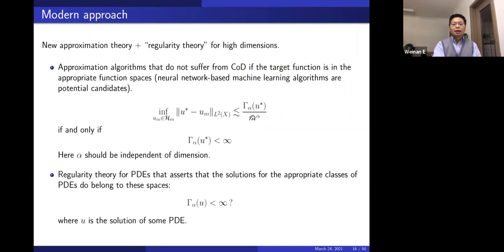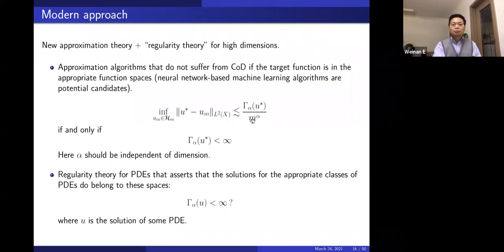So m, again, is the number of free parameters, the degrees of freedom. So we want approximation theorems that say that this holds if and only if some norm, some measure of the target function, is finite. This would be the replacement of the Sobolev norm.